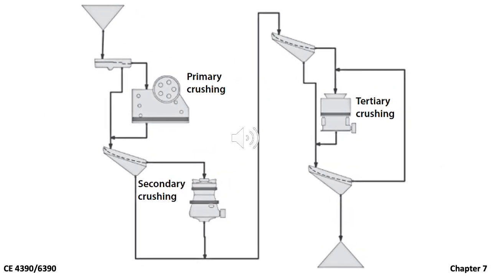In the crushing cycle, as we discussed earlier, the primary and secondary crushers are open circuit because materials go through these crushers only once. The tertiary crusher has a closed circuit, as oversized materials resulting from this crusher will be returned to the crusher until everything passes through the screen.